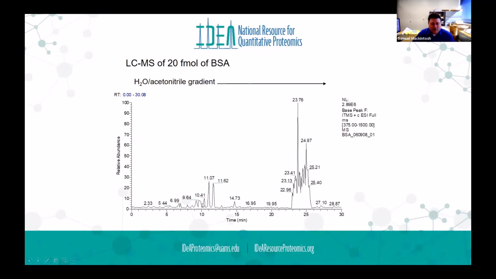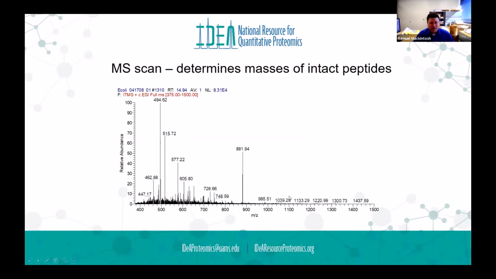We get separation of the peptides in these peaks that you can see from about 5 minutes out to 15 or 20 minutes. At the end, that's just a wash that rinses off noise and undigested protein or whatever else is in there. What we're interested in is these peptide peaks over the first 20 minutes of the gradient. Most tryptic peptides will elute in that range of acetonitrile concentrations.